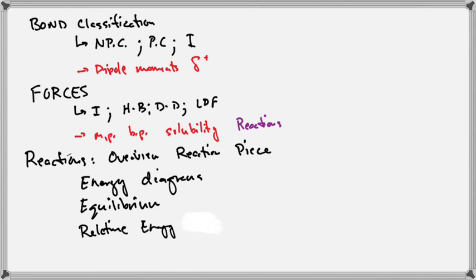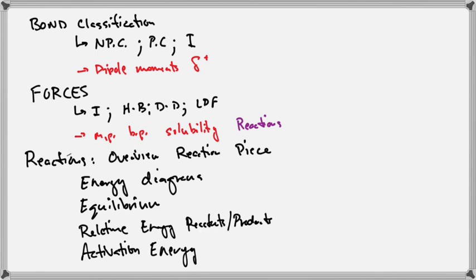Trying to write it clearly and clearly screwed that up. Our reactants and products. Also bring in the concept of our activation energy for a reaction to go, which is looking at the relationship between our reactants and our transition state, which is the peak on an energy diagram.